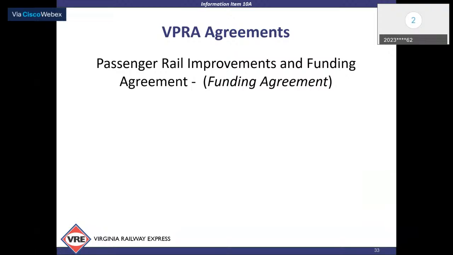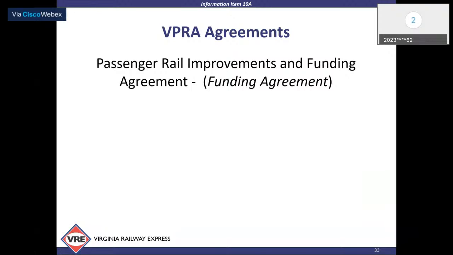No, not at all. I think Rich has done a really good job summarizing this, and I know we're going to get into some more detail about the agreements itself. Just a quick note about the Passenger Rail Authority. As Rich mentioned, we're going to have our first board meeting on October 26th. We are in the process of getting the authority mobilized, which is probably going to take at least a year in terms of getting it fully staffed up, hiring an executive director, and building up the administrative side of the organization.